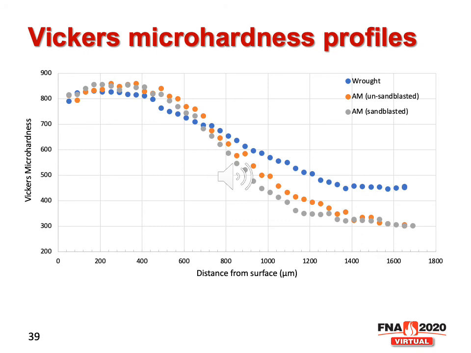The Vickers microhardness profiles were measured from the surface to the core for the carburized selective laser melted and wrought parts. In general, the microhardness decreased from the surface to the core for all the carburized parts, which is related to the carbon concentration decrease from the surface to the core.